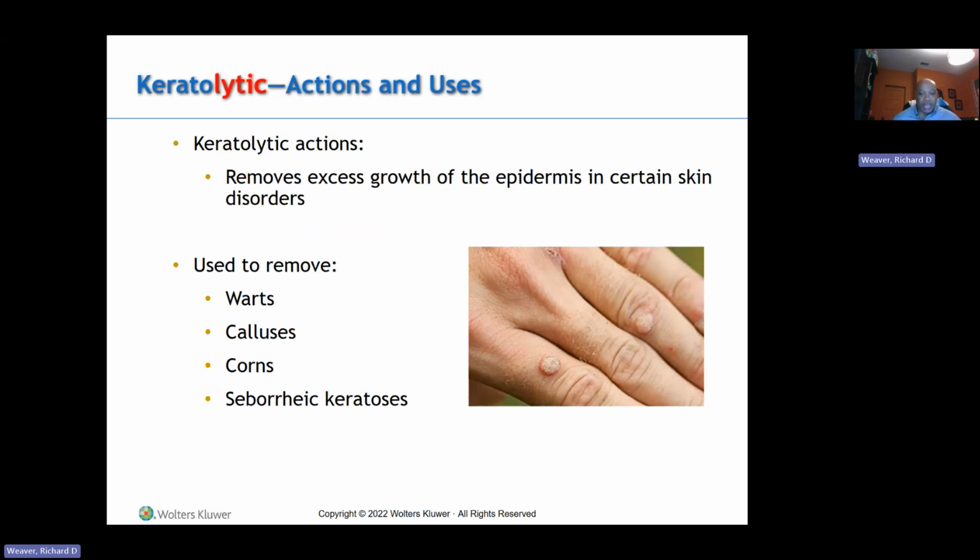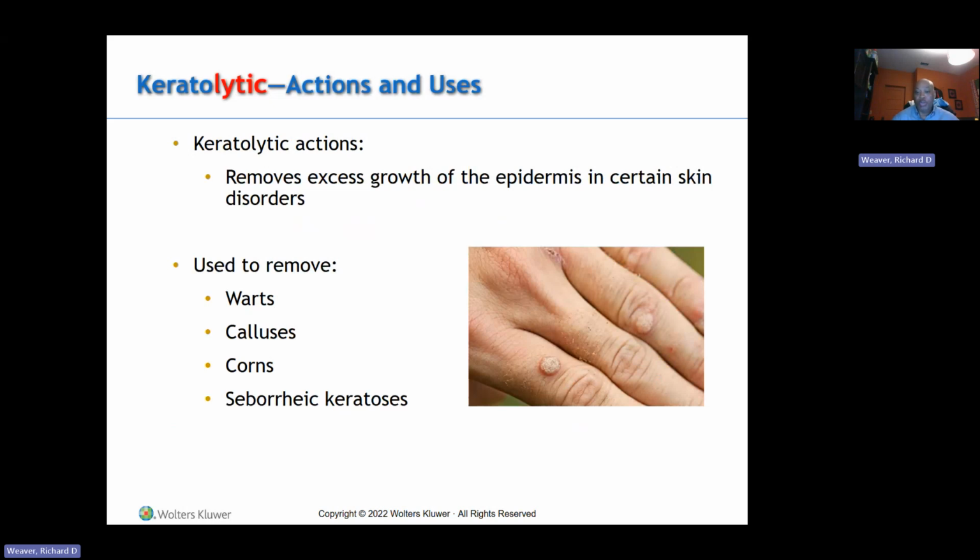Now, examples of keratolytics include your salicylic acid. I need to highlight that one for you all. Your masoprocol also is another one. Let me highlight that one as well. Now, some strengths of salicylic acid are available as non-prescription products.